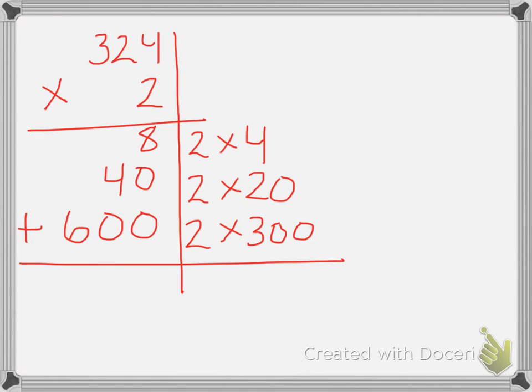Okay, and now I need to add my partial products together, and I end up with an 8 in the ones place, a 4 in the tens place, and a 6 in the hundreds place. Okay, and that should make sense because it's about 300. We're multiplying by 2. I should get an answer of 600 something. Okay, 648 is my final answer here.